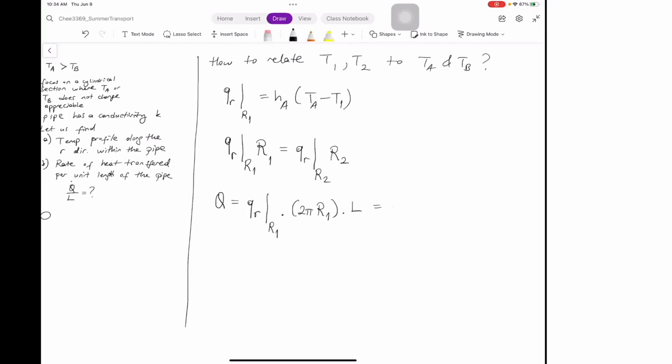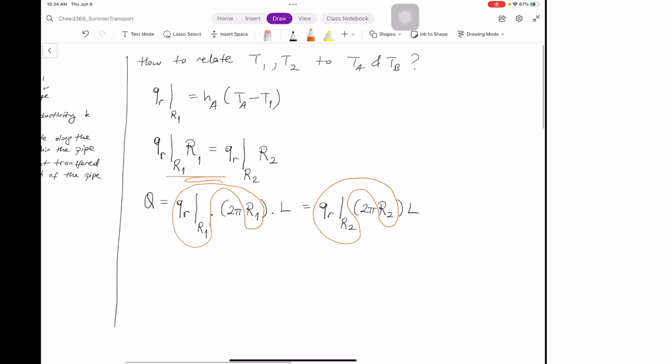Or you can write it as QR at R2 times 2 pi R2 L. And please note that these are constants. So that's why Q is constant along the pipe.